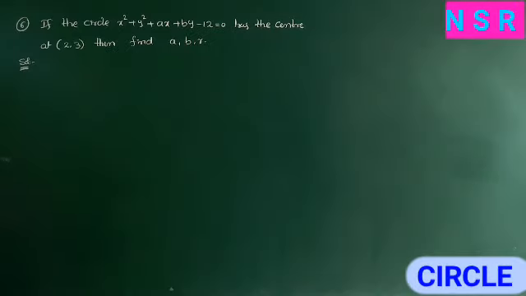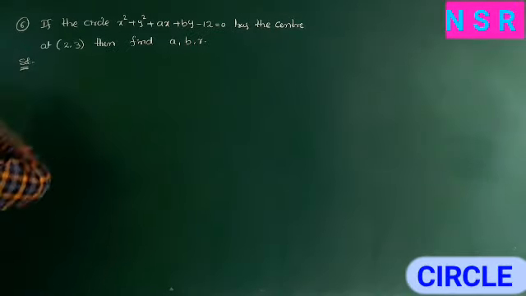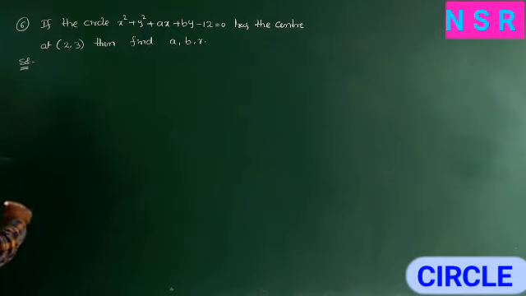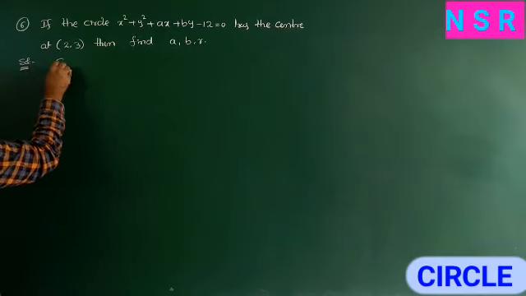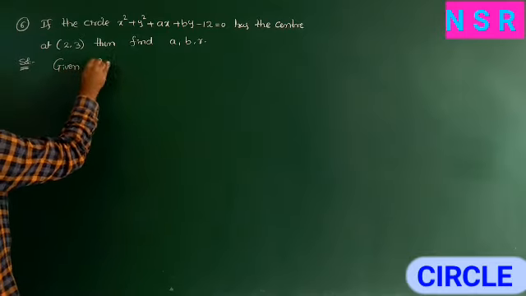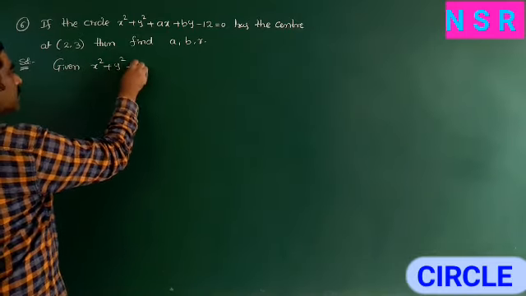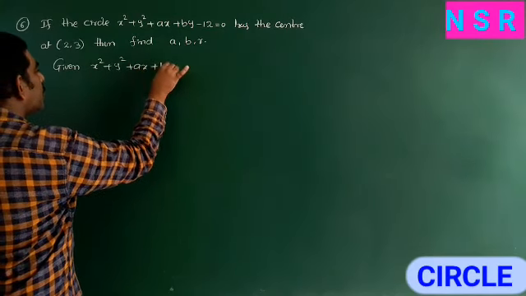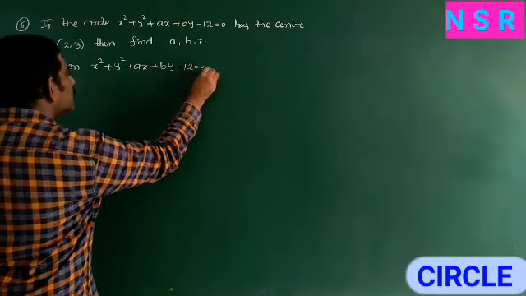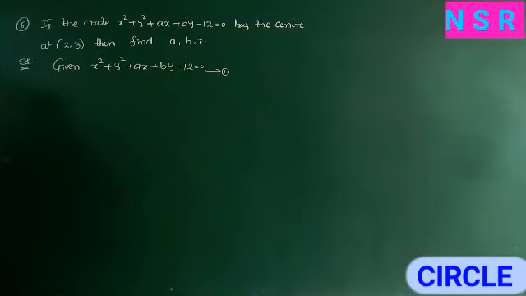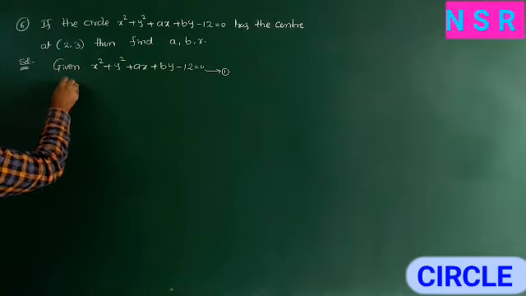So question number 6. Here the circle equation and also the center are given. Find the a value, b value and r value. Given x square plus y square plus ax plus by minus 12 equal to 0. Take it as equation number 1.